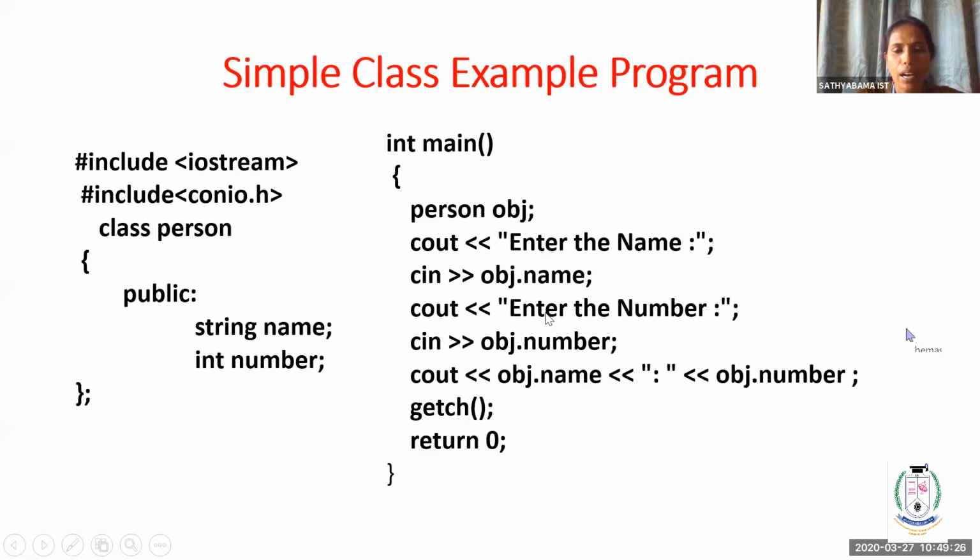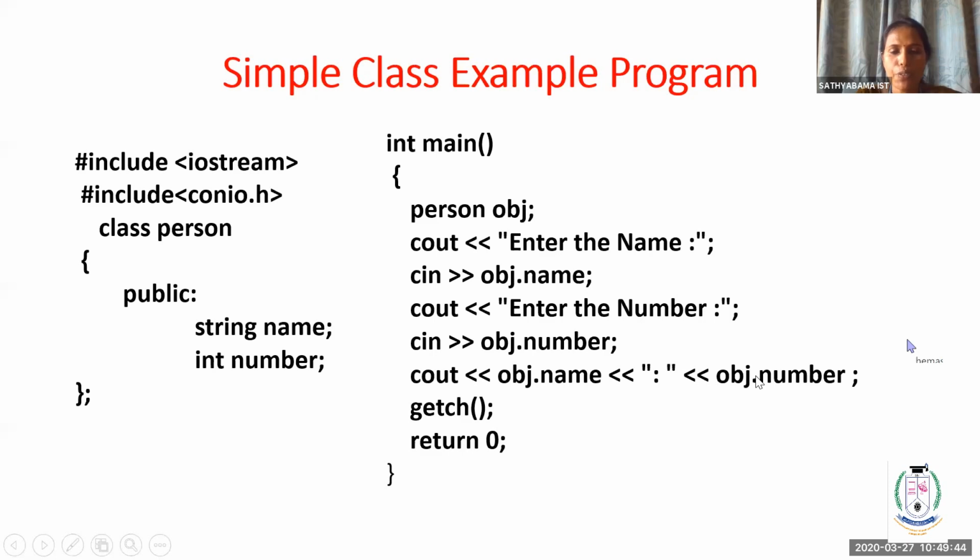Similarly, I want to access the member of the Person class called number. So using the object name dot number, we can access the name as well as the number. Like that, we take the two inputs and we produce the output also.